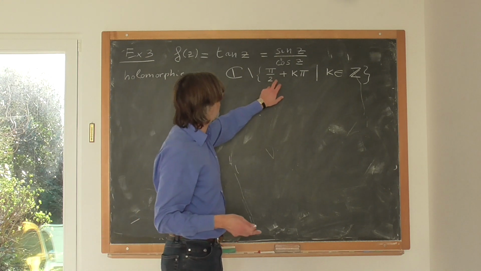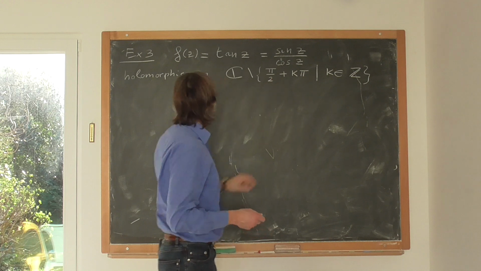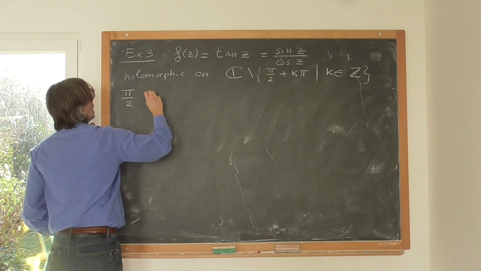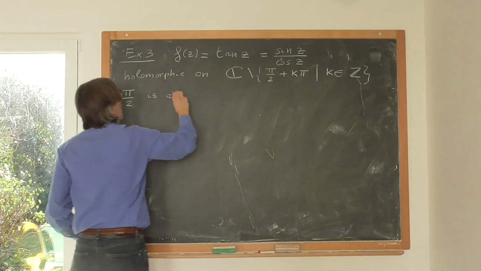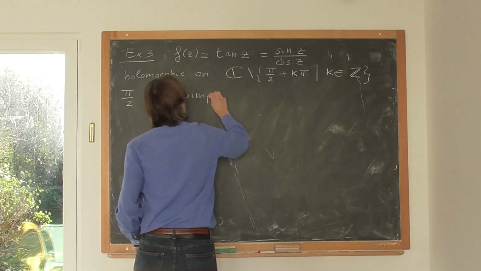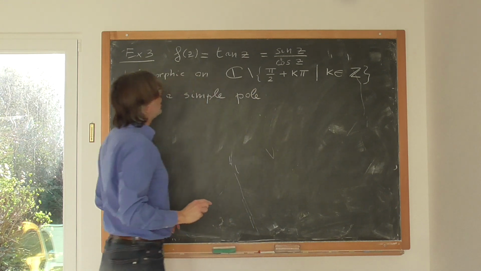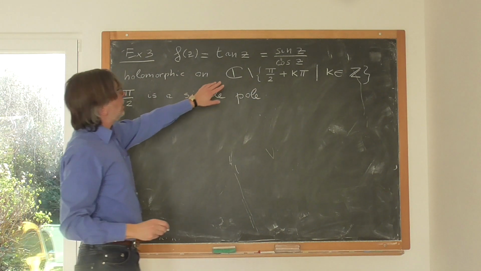So let's check this, for instance, for the pole pi half. I claim that it is a simple pole. How do we check this?